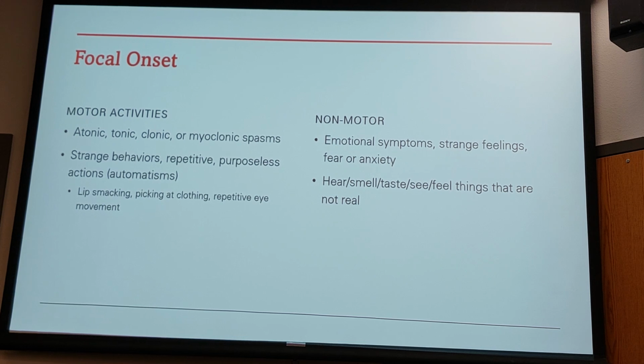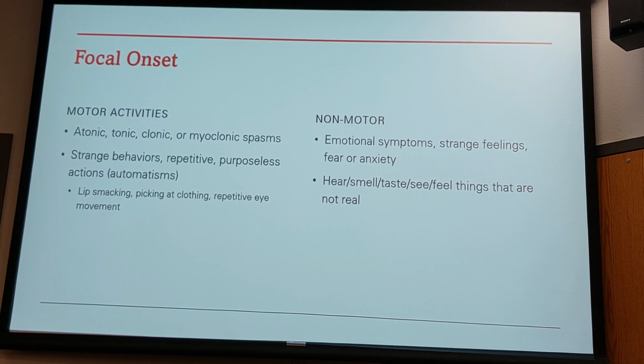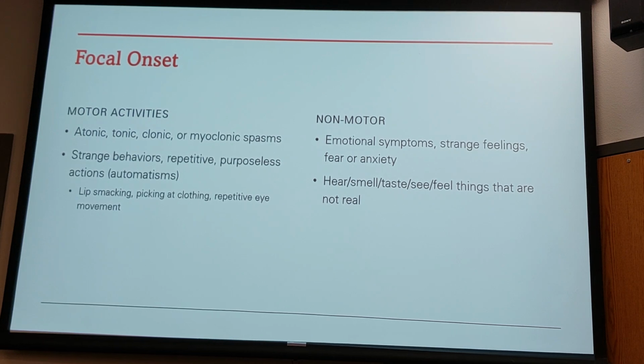Atonic, tonic, clonic type, there can be some muscle spasms in there, right? So it can be the myoclonic or the larger clonic. Strange behaviors, repetitive, purposeless, the automatisms that we mentioned, okay? And then on the non-motor side, this is where some of those emotional pieces come in. So it depends on where the origination of that misfiring is occurring.